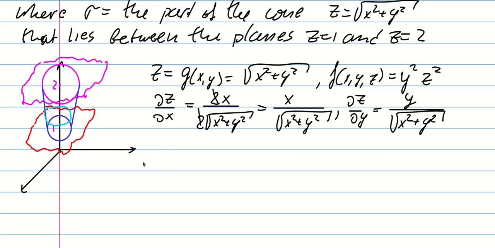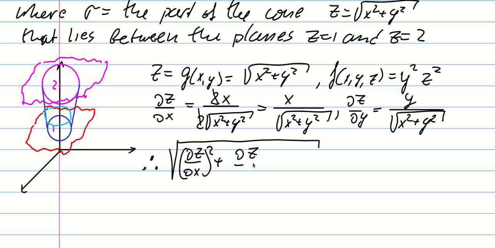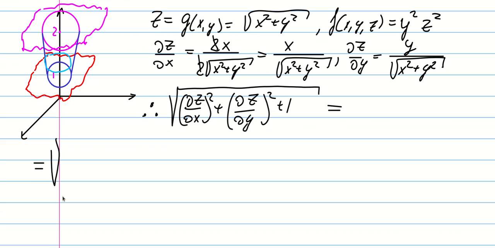So that means that we'll have a square root of dz dx squared plus dz dy squared plus 1 equal to, let's try to see what we're going to get.